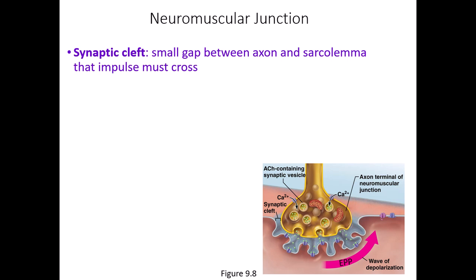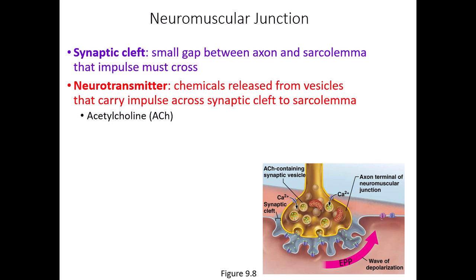It has glycoproteins in it, for example, and the neurotransmitter is going to move across that space to get to the sarcolemma. The neurotransmitter that we use with skeletal muscle is called acetylcholine, and it's a chemical messenger that is stored inside vesicles, which are those little bubbles that we see inside the axon terminal.